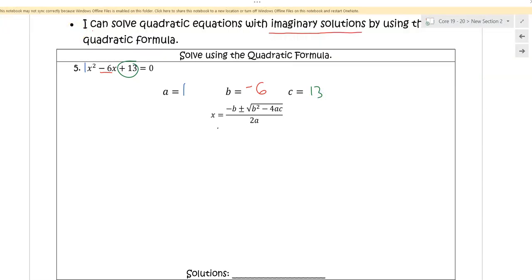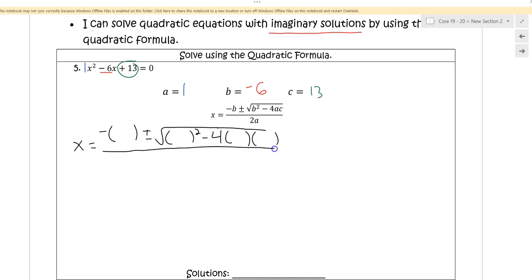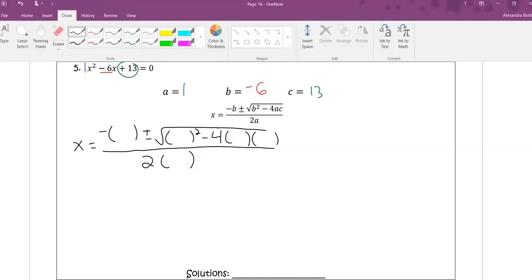Remember, using parentheses. So we have x equals the opposite, parentheses, plus or minus the square root, parentheses squared, minus 4 parentheses, all over 2 parentheses. So every letter is replaced with parentheses. Everything else stays exactly the same.